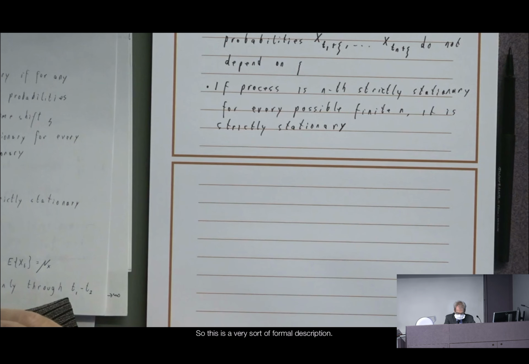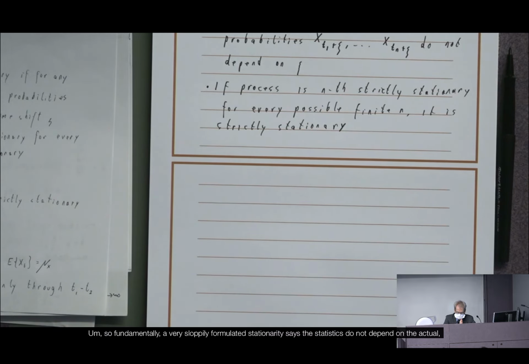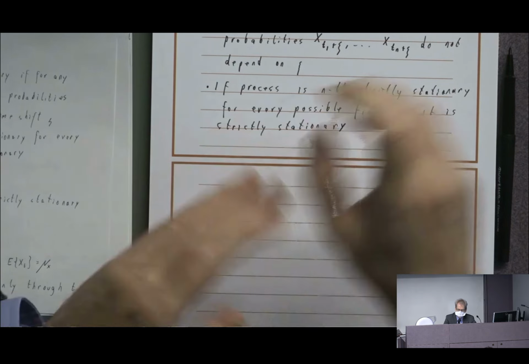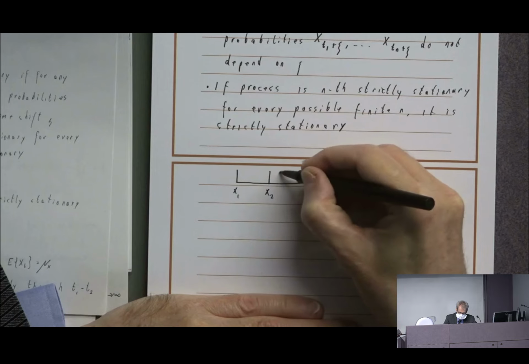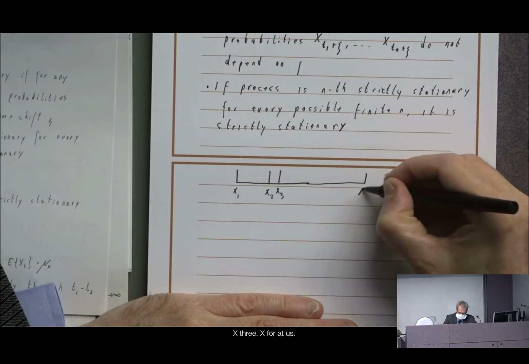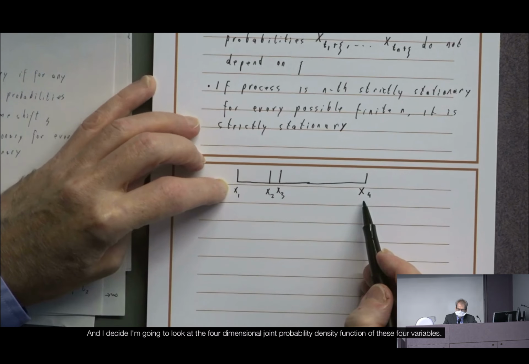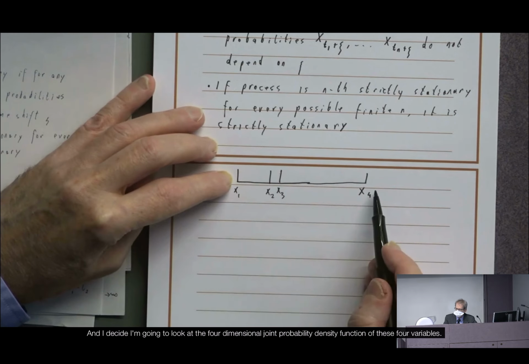So this is a very formal description, and let me try to describe a little more intuitively what this means. Very sloppily formulated, stationarity says the statistics do not depend on the actual time instant at which we start. Imagine that we are looking at a time sequence, x1, x2, x3, x4, and I decide to look at the four-dimensional joint probability density function of these four variables.